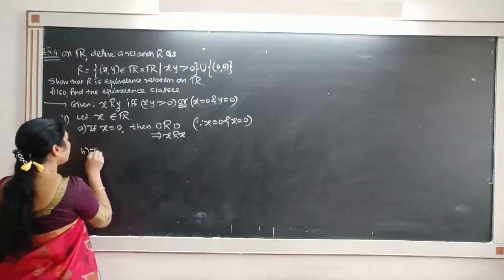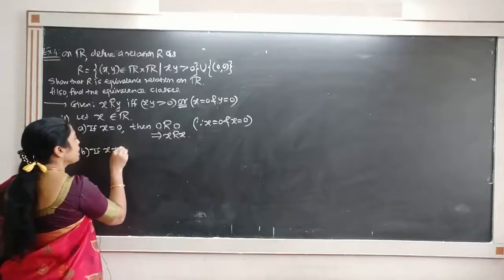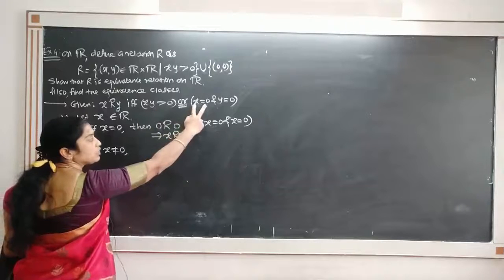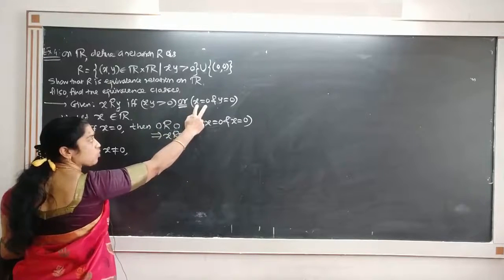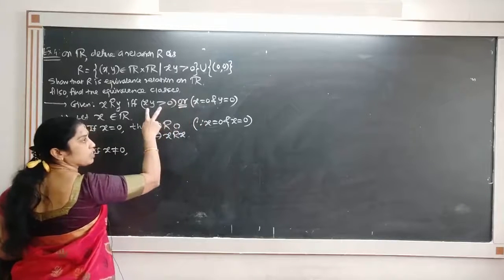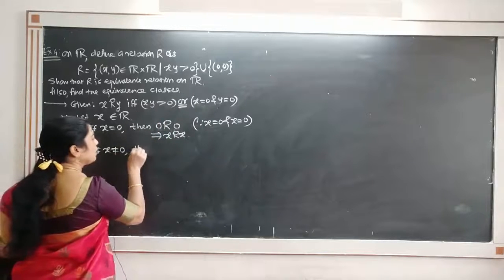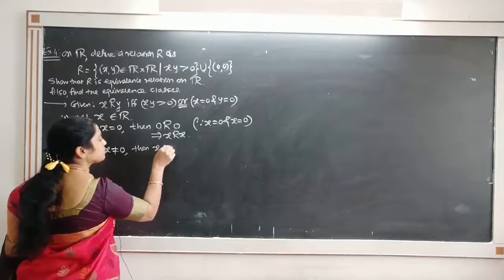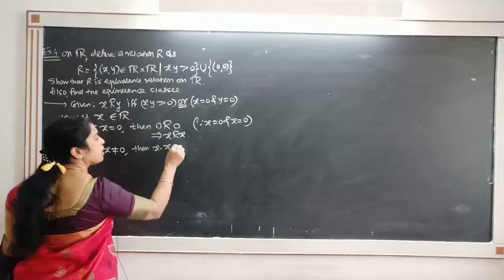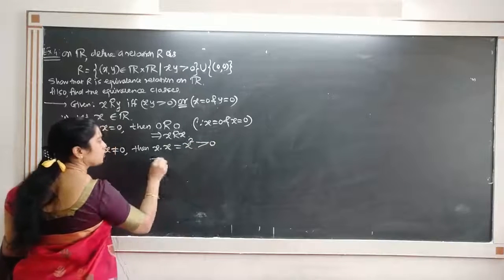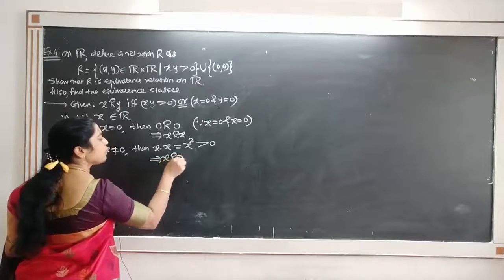If x is not equal to 0, what will happen? Then obviously the second condition is not satisfied because x is not equal to 0. So check whether the first condition is satisfied. If x is not equal to 0, then x into x, replacing y by x, is nothing but x square, and x square is always greater than 0. This implies that x is related with x.